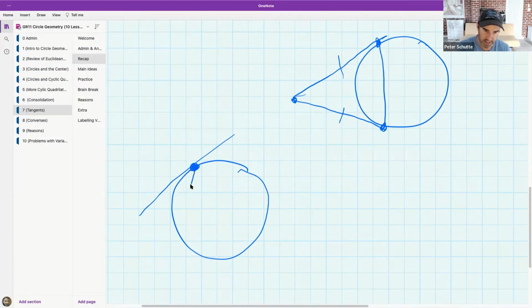Sometimes I'll only have a line coming across like this. This thing over here is called a chord. This thing over here is called a tangent. And we call this the angle between the tangent and the chord.